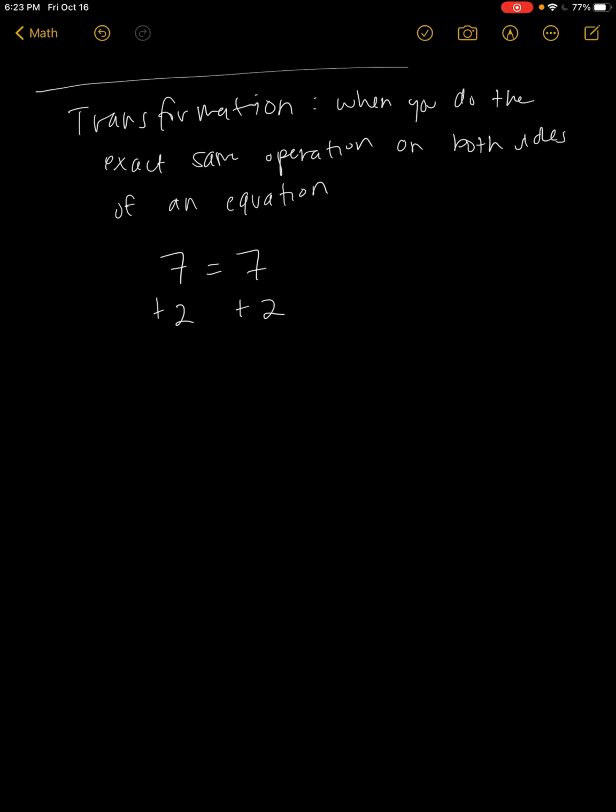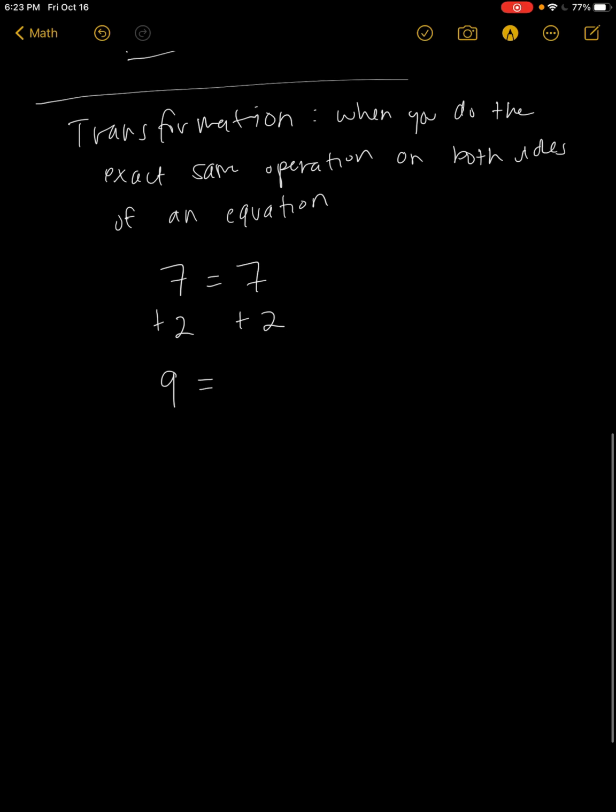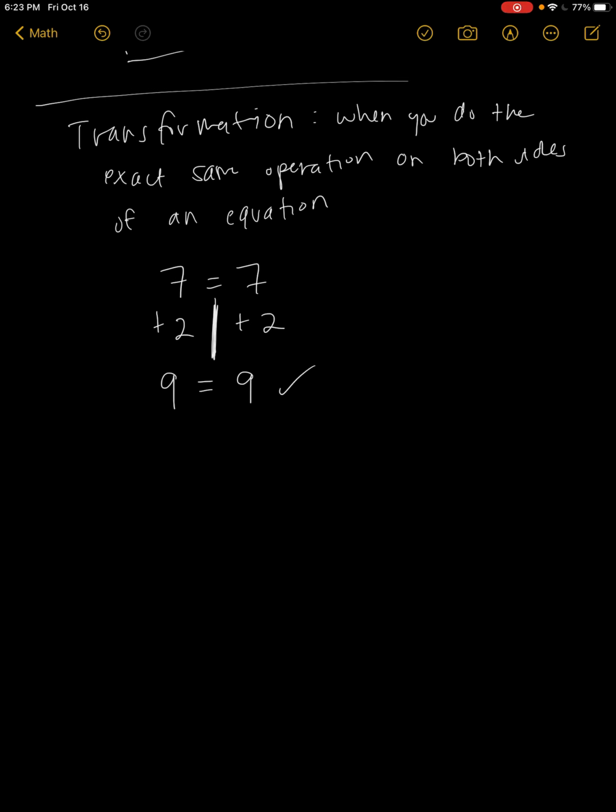That's the only way we can keep it equal to each other. Right, so I add 2 on both sides of the equation. So see, I added 2 on the right side, I added 2 on the left side, and it kept it the same. So I still have 9 equals 9, right?